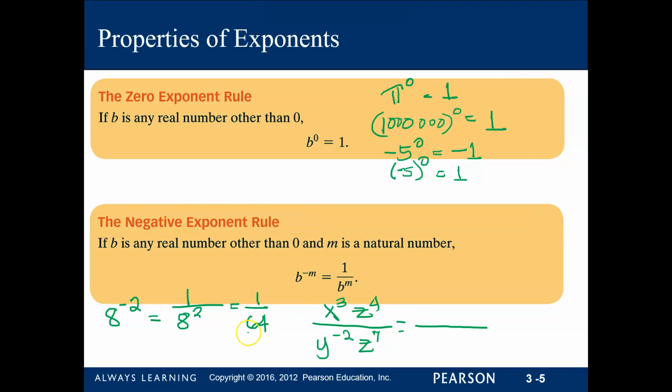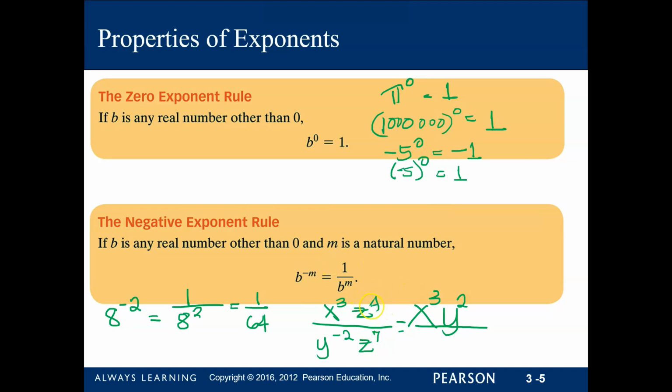So can we simplify anything with x? So x is in the numerator, nothing in the denominator, so x to the third stays by itself, all right? Y, on the other hand, as you can see, y is raised to the negative 2, but it is in the denominator. So this will now go up in the numerator to make it a positive exponent. In the case of z, we know that we need to subtract the exponents.